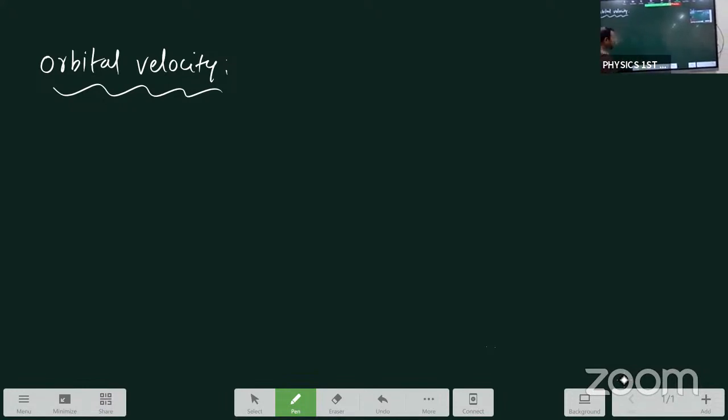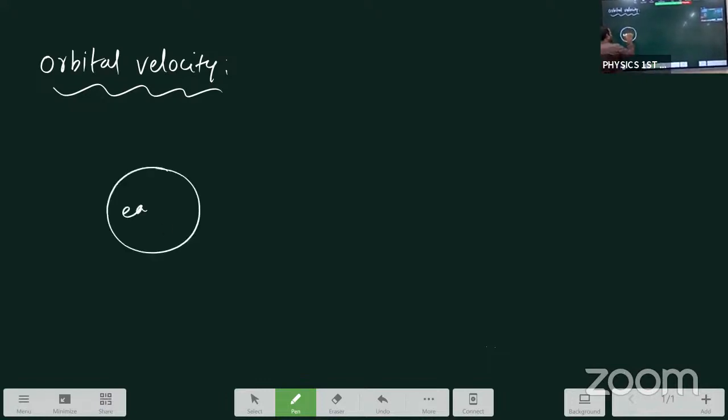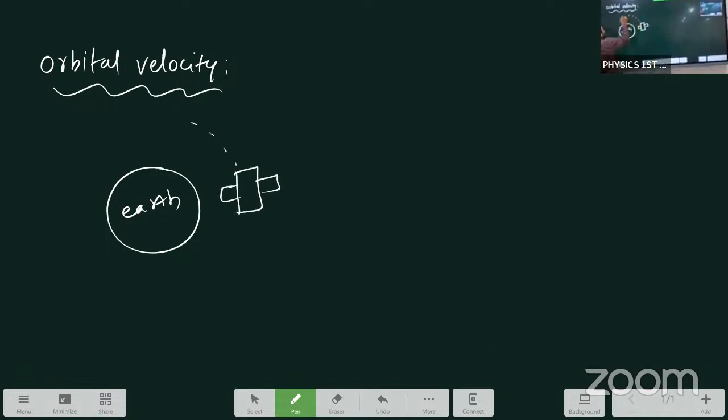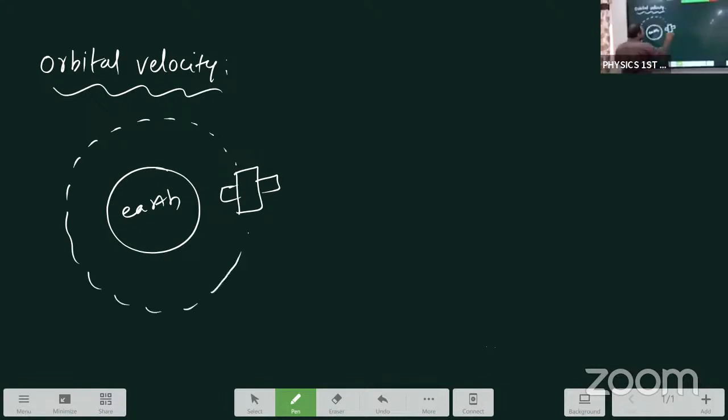First, orbital velocity: derivation with definition. First, the definition. What is the meaning of orbital velocity? Orbital velocity means, for example, this is the Earth and this is a satellite. Every satellite revolves around the Earth in a circular orbit.